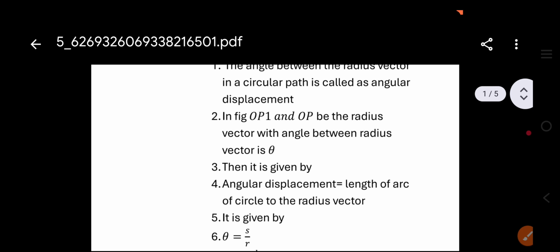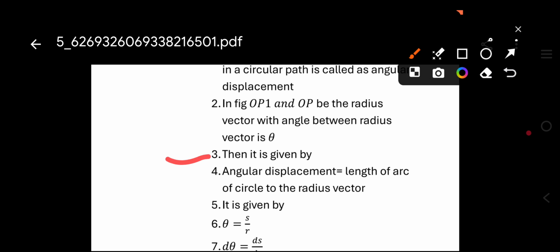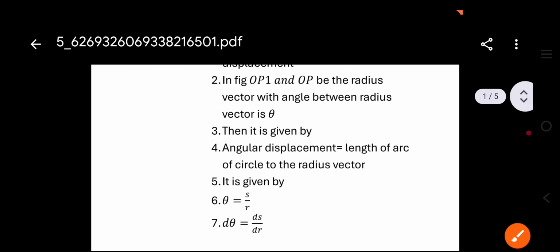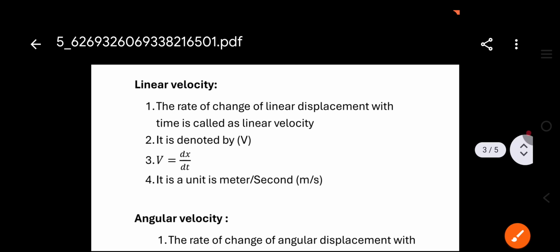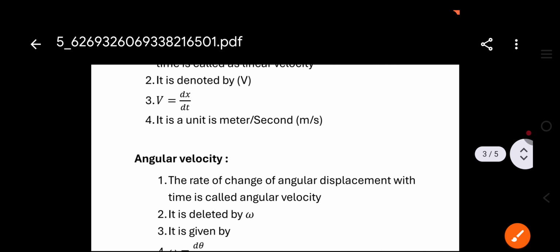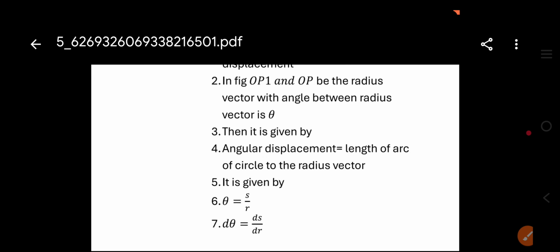Then point number 3, the angular displacement is equal to the length of arc of circle to the radius vector.